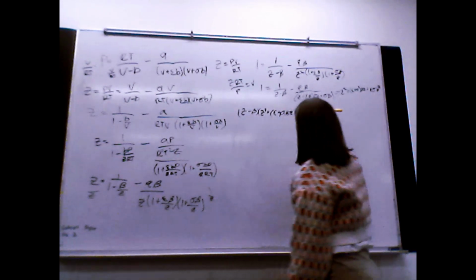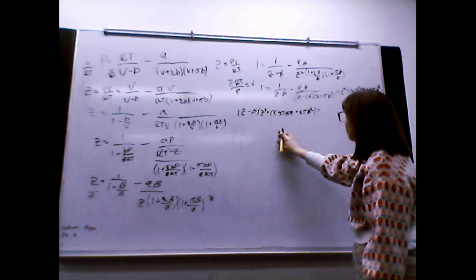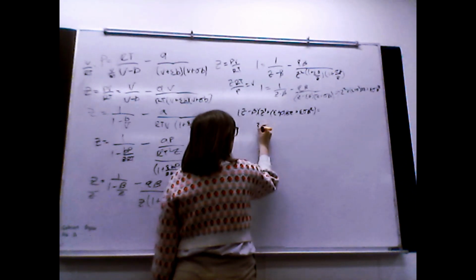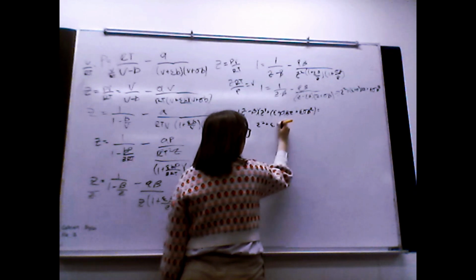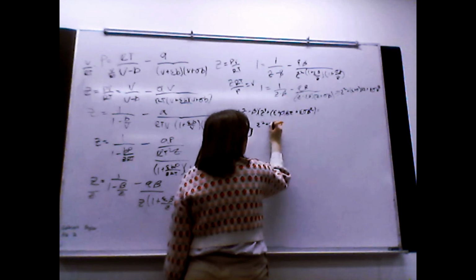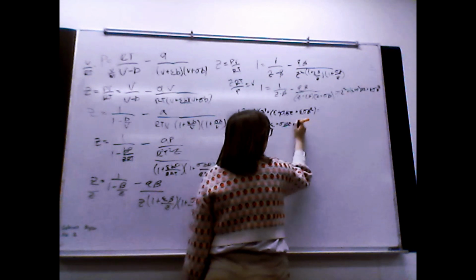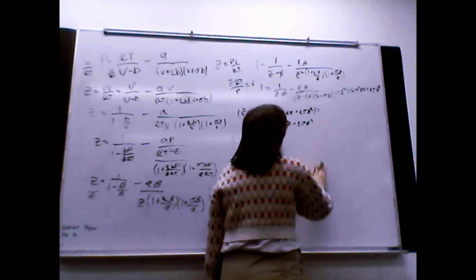And then on this side, I'm going to bring it down here. So then we have z squared plus epsilon plus sigma times beta z plus epsilon sigma beta squared.